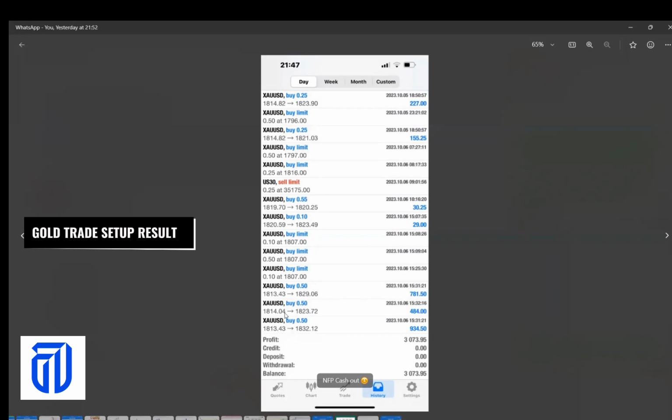I took some number of pips from there. The one at 1813.5, I took this number of pips, and I closed out all my entries. This was a partial profit here, and I took the other profit here. So guys, this was how I traded the NFP, and this was the Finspot NFP trade setup.